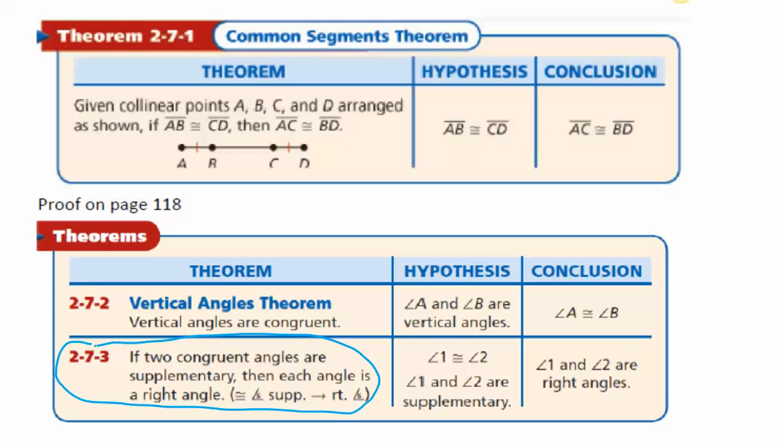This theorem, 2.7.3, says, if two congruent angles are supplementary, then each angle is a right angle. This is proved in your book. I forgot to write what page it's on, but it's on like page 120. So if they're supplementary and they're congruent, then they're right angles.